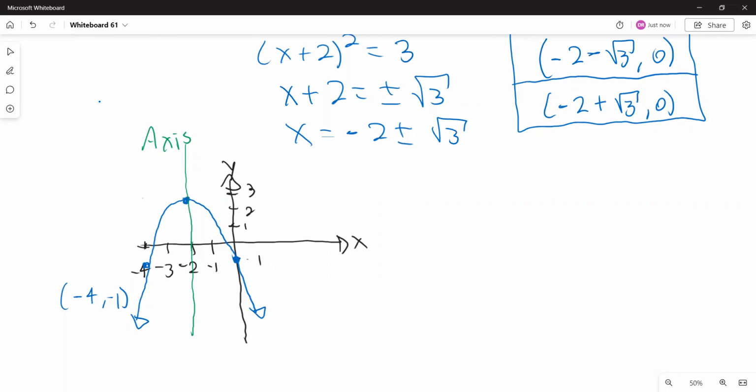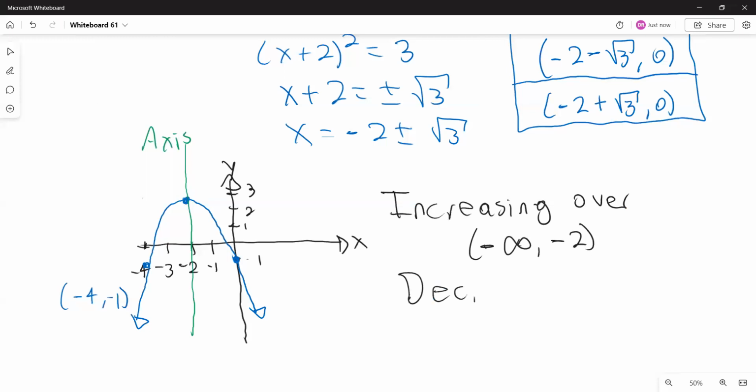So finally, this function is increasing over (-infinity, -2), and decreasing over (-2, infinity).